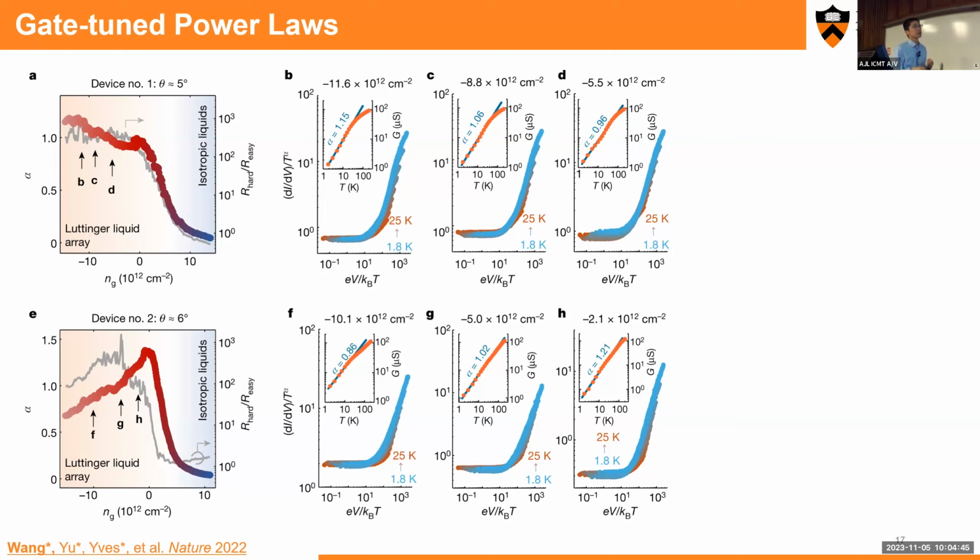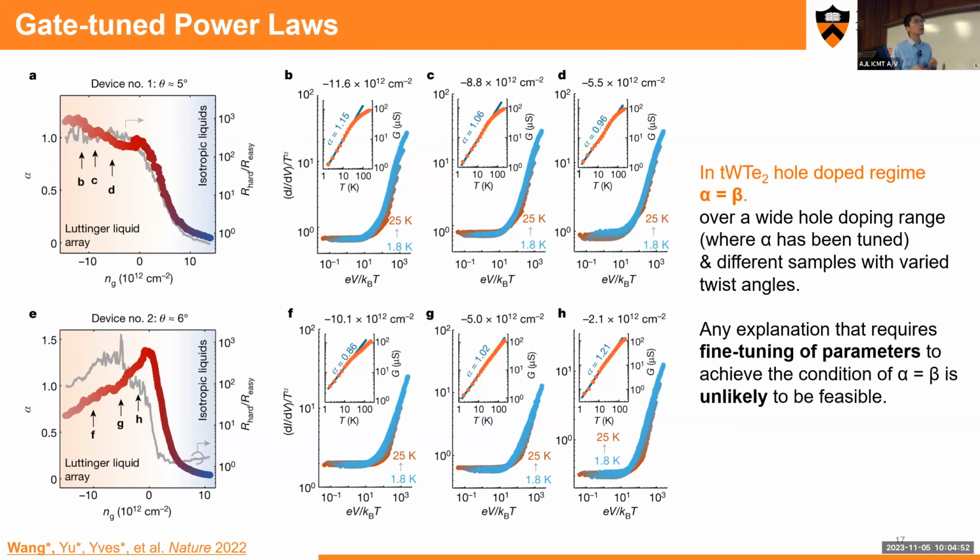And the 6 degree is the same, that we can keep getting the same alpha equals beta. So I want to address that in our situation of this scaling, alpha always equals beta, which means that the temperature power law and the external bias power law always share the same power law number.